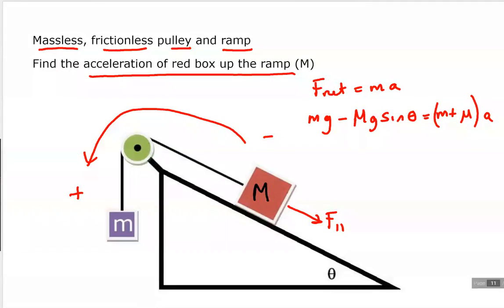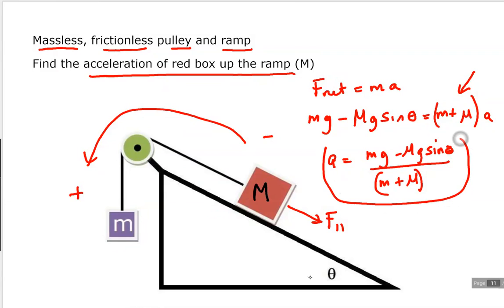So now we just solve. Take the little mg minus the big Mg sine theta and divide both sides by little m plus big M. You see, we just divided it by that number there, for those sets of variables, and I've got it.